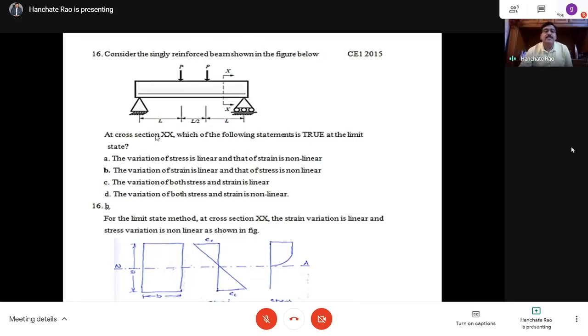Whereas in limit state, the stress doesn't vary linearly. This is the stress block. If you have read RCC, limit state method design of RCC, in the stress block, we assume that the stress varies parabolically like this. That is why the stress distribution is non-linear, whereas the strain distribution is linear. So answer B is the correct answer.